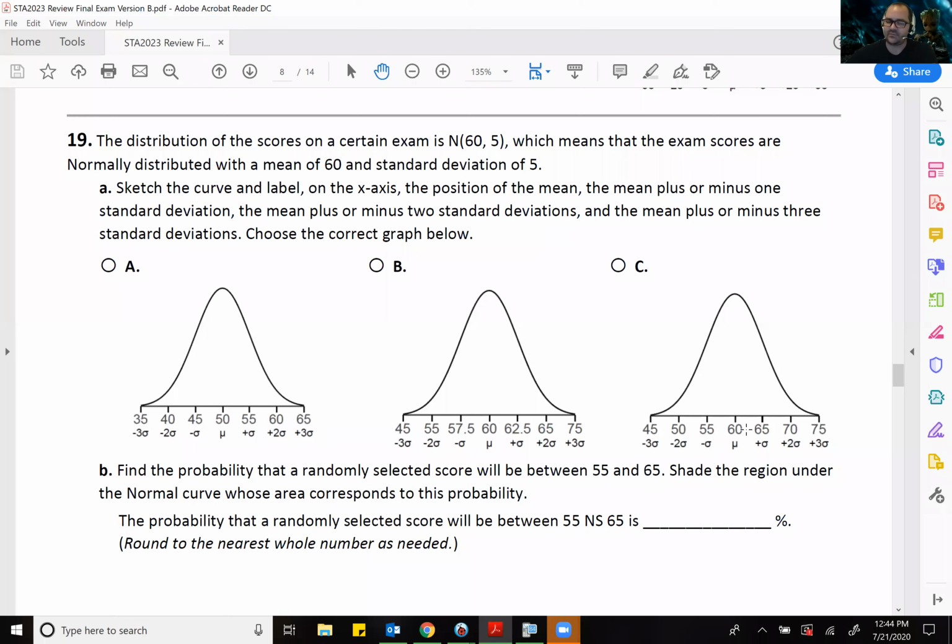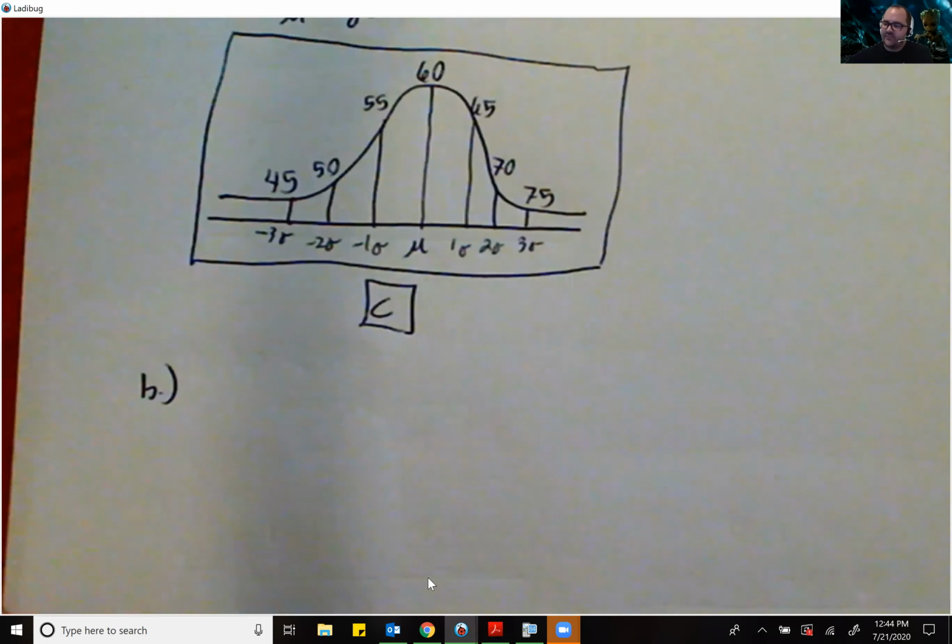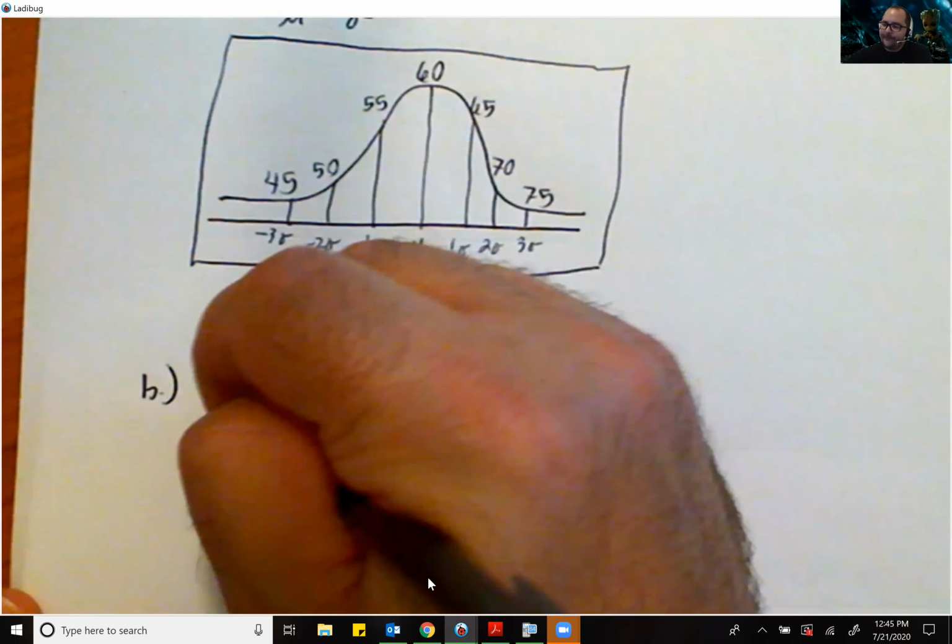And then we're going to do the same thing again. This says find the probability that a randomly selected score is between 55 and 65. So between 55 and 65.